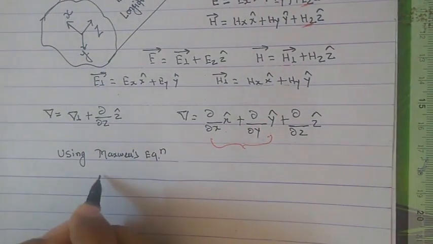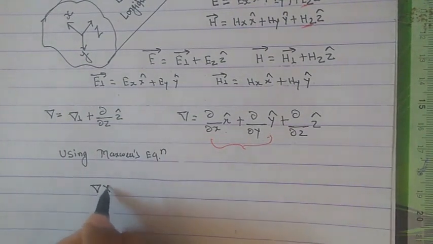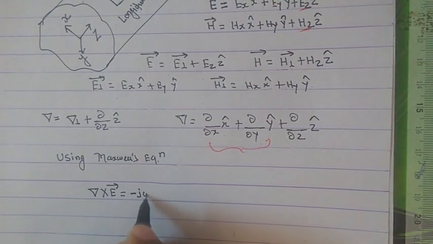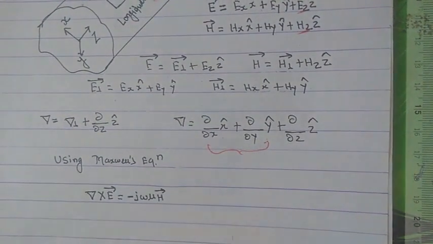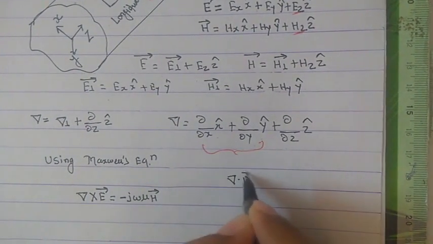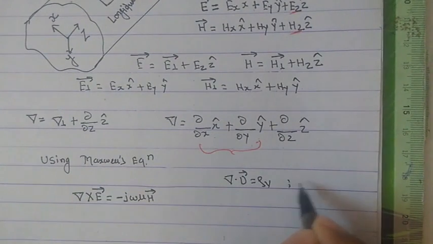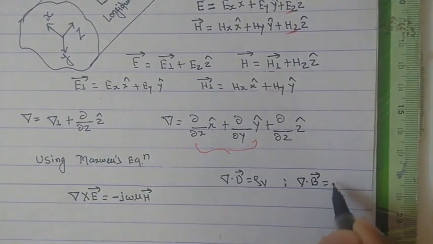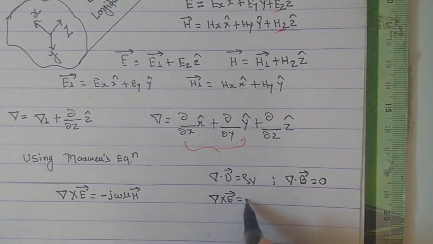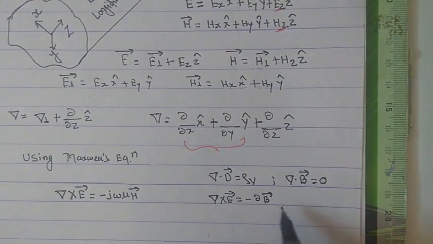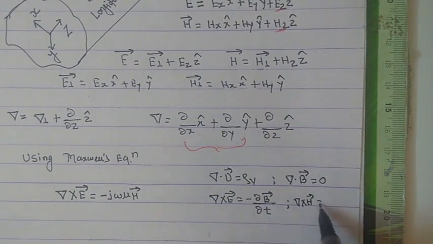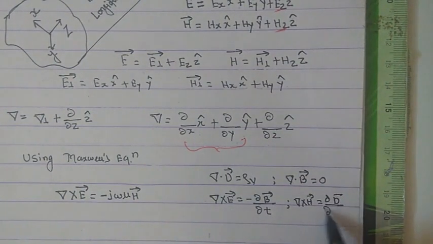We will be using the equation del cross E is equal to minus j omega mu H. Because you know you have four Maxwell's equations: del dot D equal to rho v, del dot B equal to 0, del cross E equal to minus del B by del t, and del cross H equal to del D by del t.